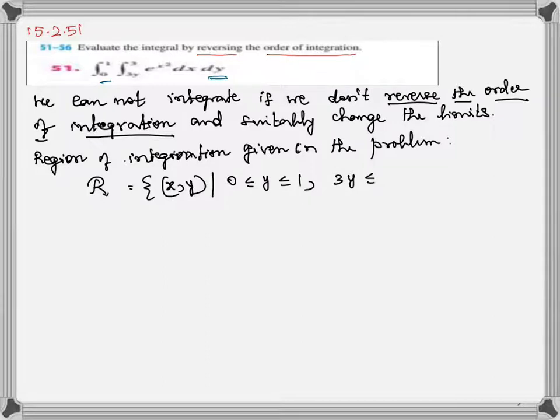And the inner one is x, with limits 3y to 3. So x runs from 3y to 3. That is what the problem gives.